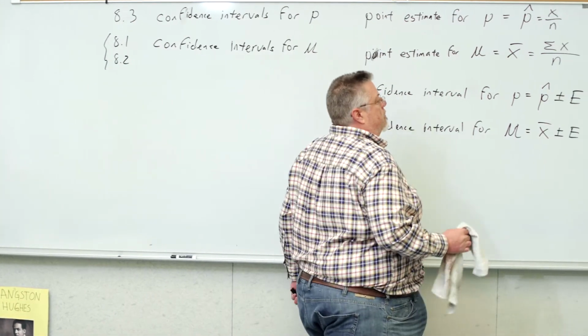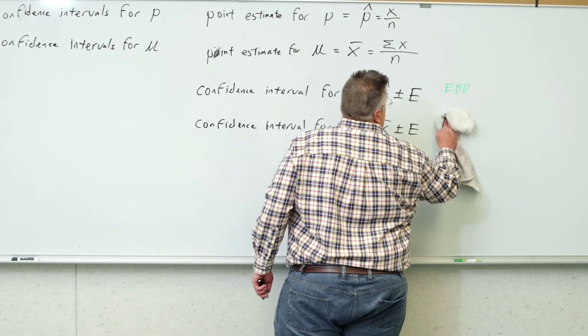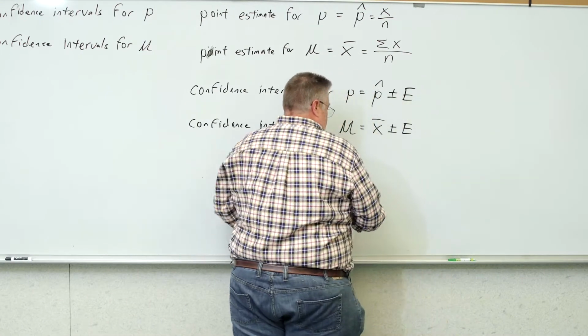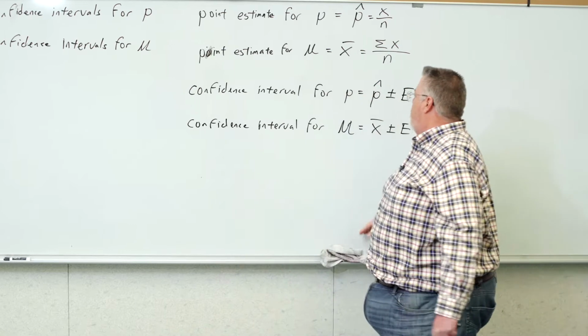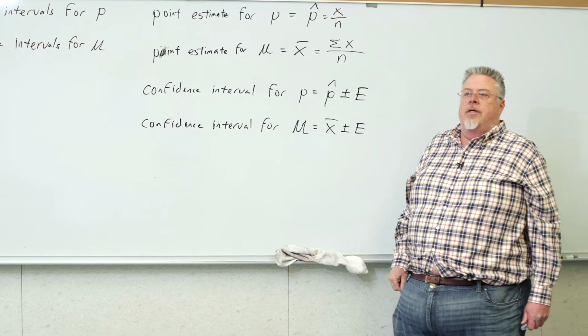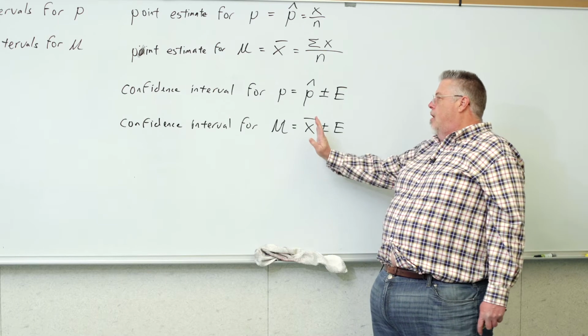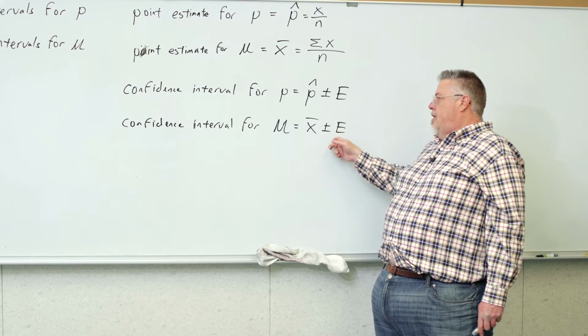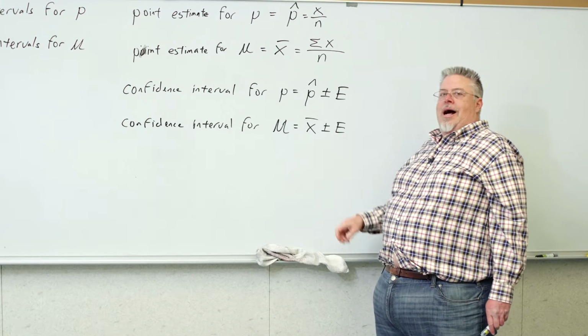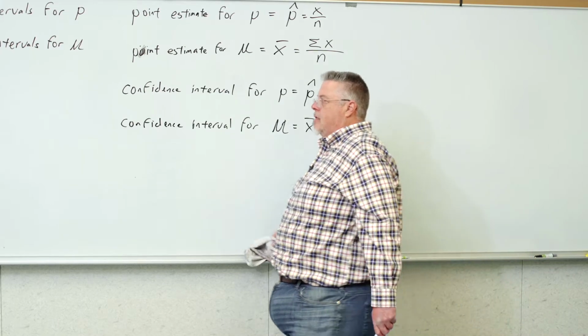Okay. So, again, more often than not, you're going to be given X bar in the problem. If you're given some raw data, you could go ahead and find X bar. The big question is, how do we find E?